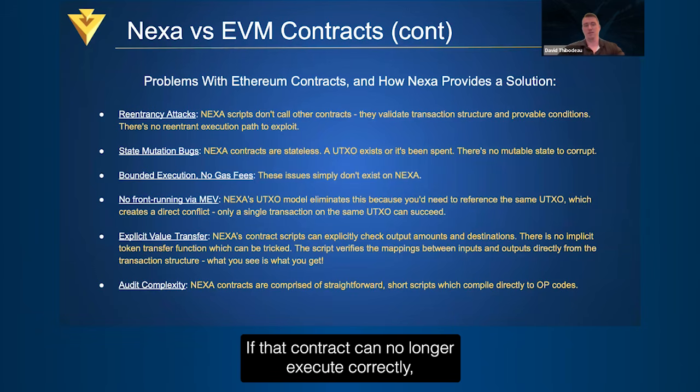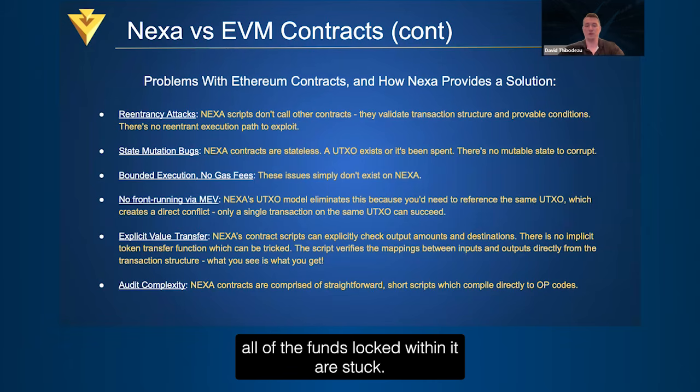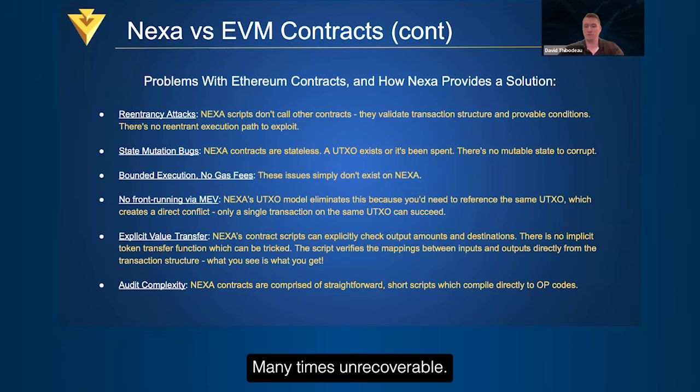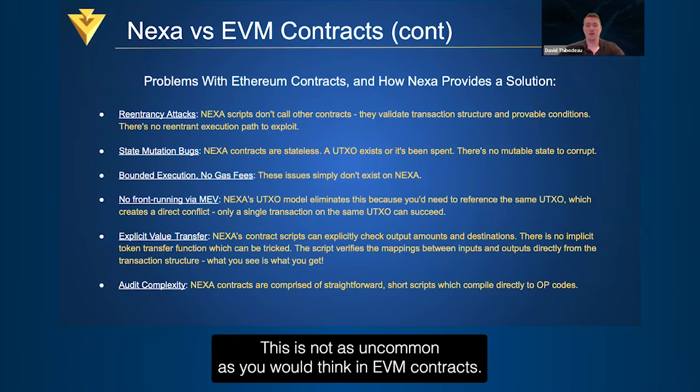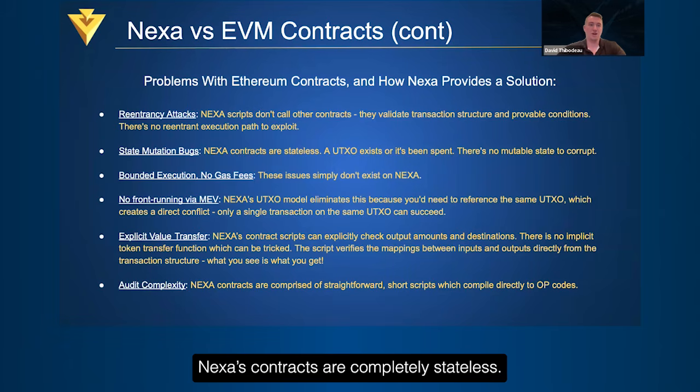If that contract can no longer execute correctly, all of the funds locked within it are stuck, many times unrecoverable. This is not as uncommon as you would think in EVM contracts. Again, Nexa's contracts are completely stateless. The UTXO either exists or it's been spent, so there's no mutable state to corrupt.